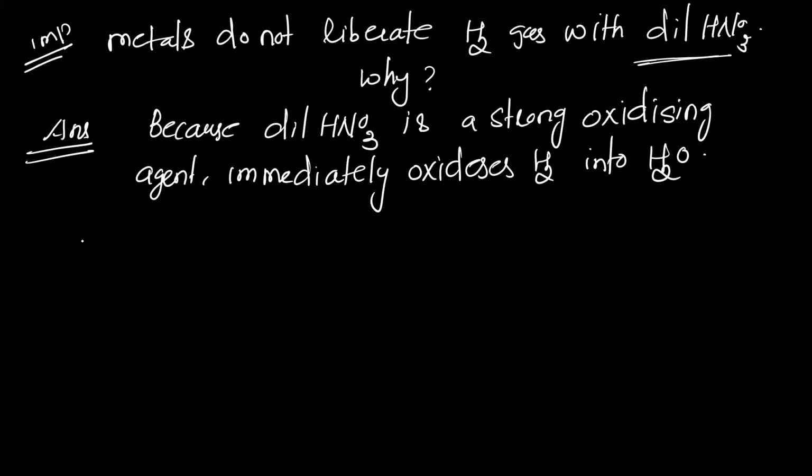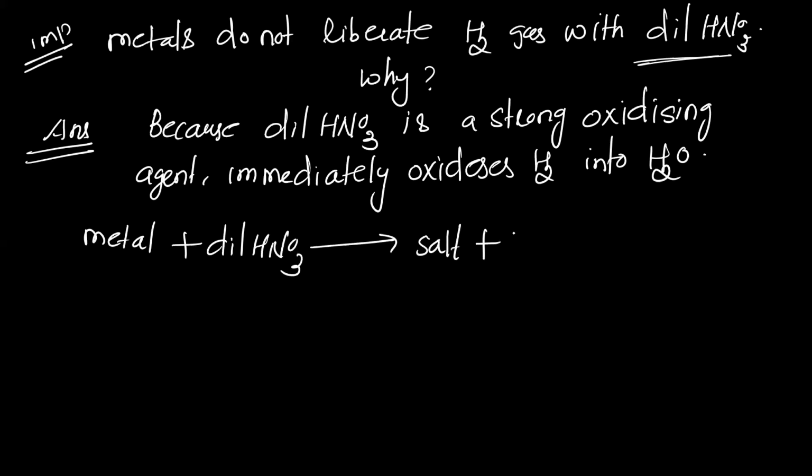So what will be the product? If metals react with dilute HNO3, the product will be salt plus water plus oxides of nitrogen. Very important: oxides of nitrogen.